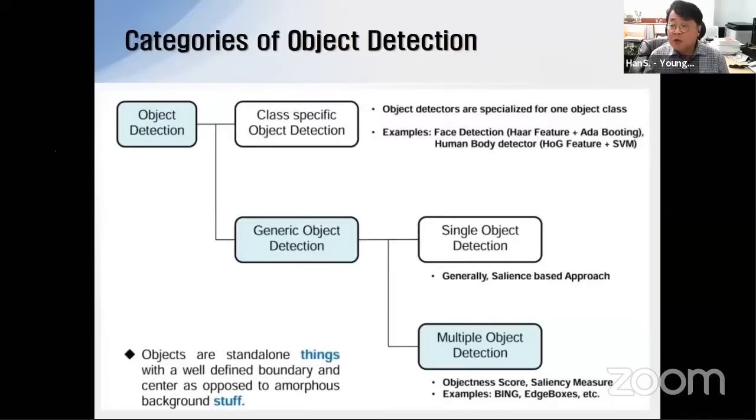You even need to detect the boundary and buildings and trees on the street and the signboard, something like that. So when we say object detection, that is multiple object detection in real world applications.